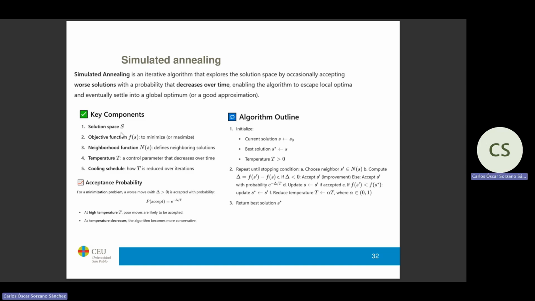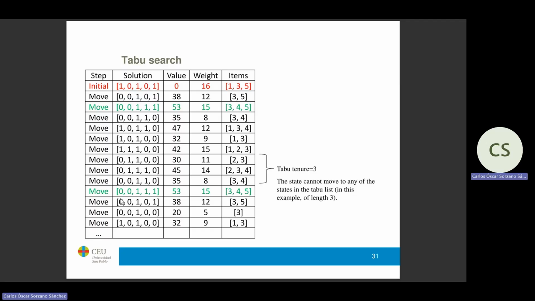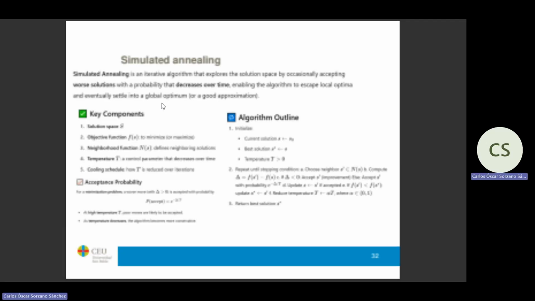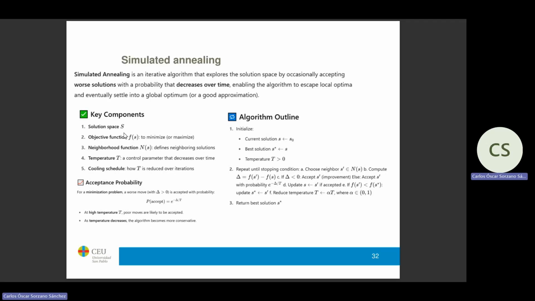So again, you have a solution space that is the set of possible states. You have a function to maximize or minimize. You have a neighborhood function: from this state, which are my accessible states?